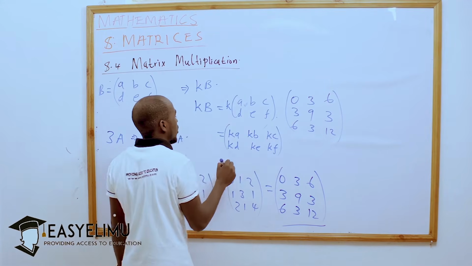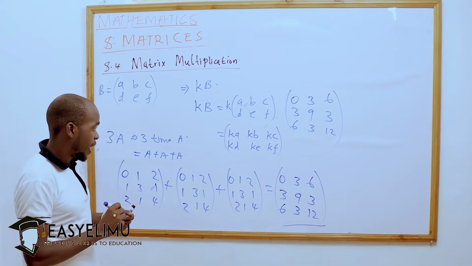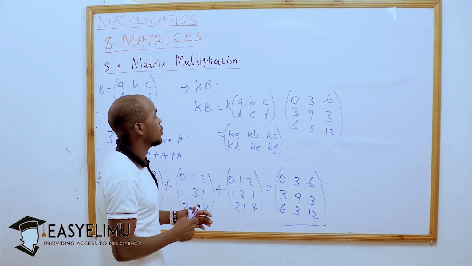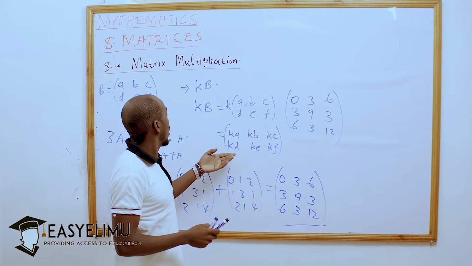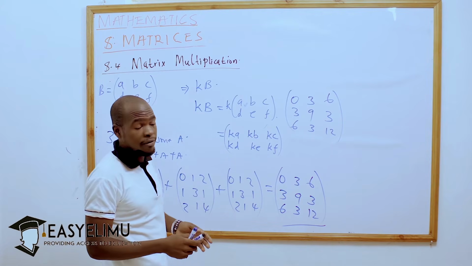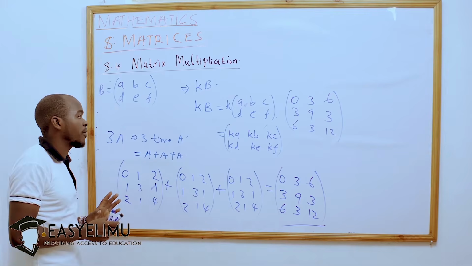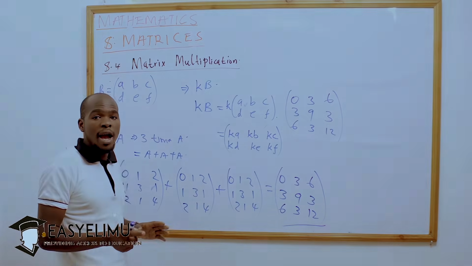That is what we found out. So without tiring yourself, you can use that small procedure and find whatever you are seeking. So we have seen how you can find it, and with that we have come to a conclusion on a scalar multiplied by a matrix.